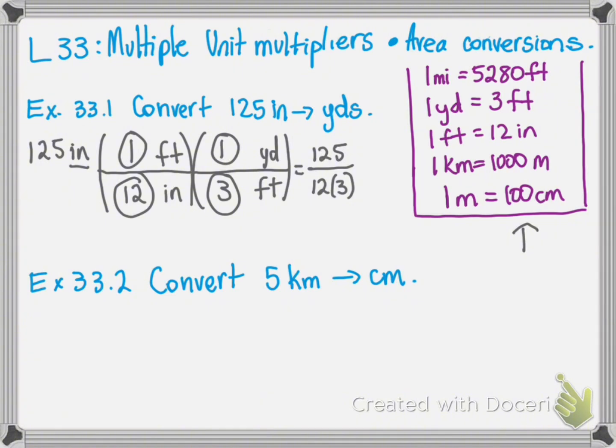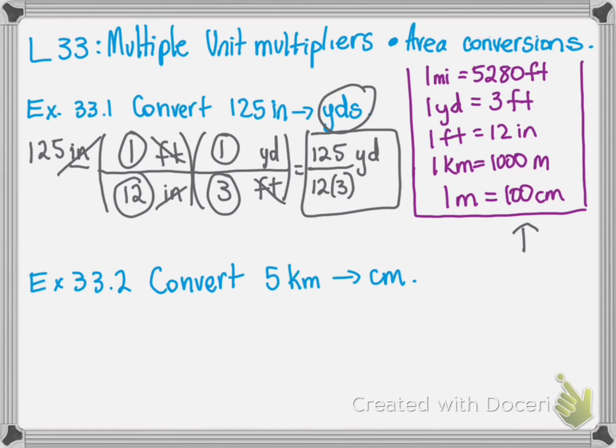Now, which units? Well, we want yards, so hopefully that's what we get. Let's see. Inches cancels with inches, feet cancels with feet, and all we have left is the yards. And that would be our answer. Again, you can put that in the calculator and find the approximate answer, but it would be okay for now to leave it like that.